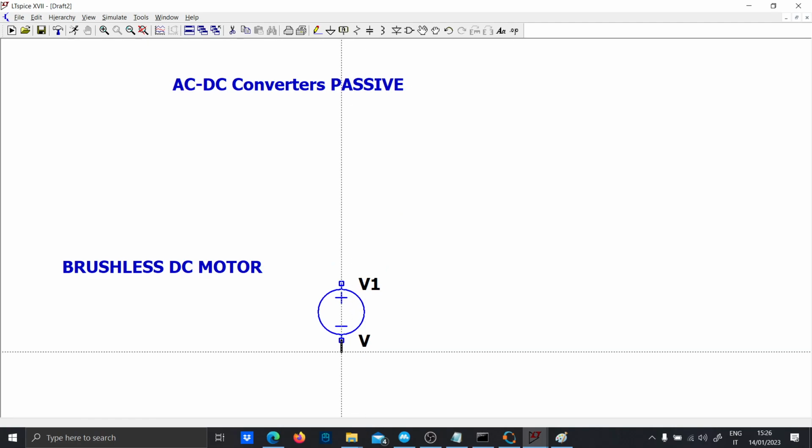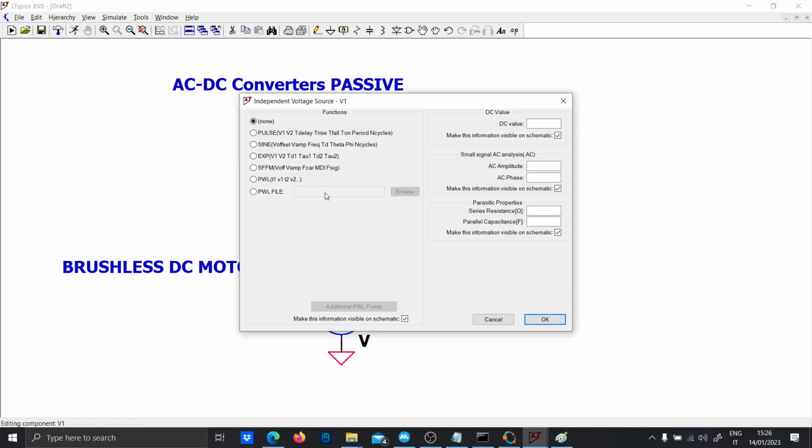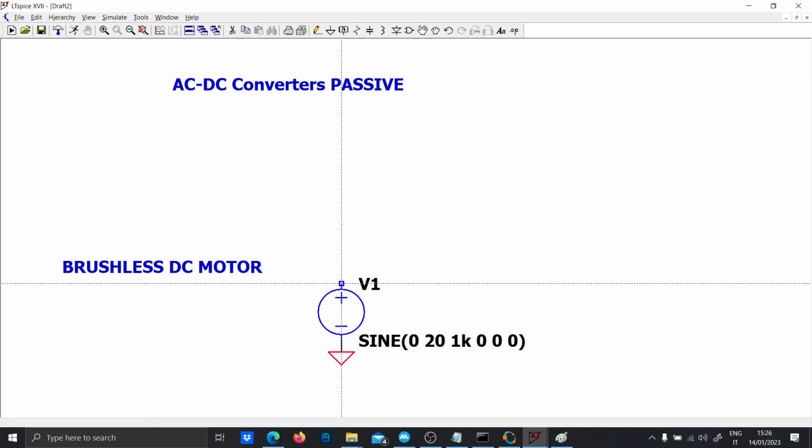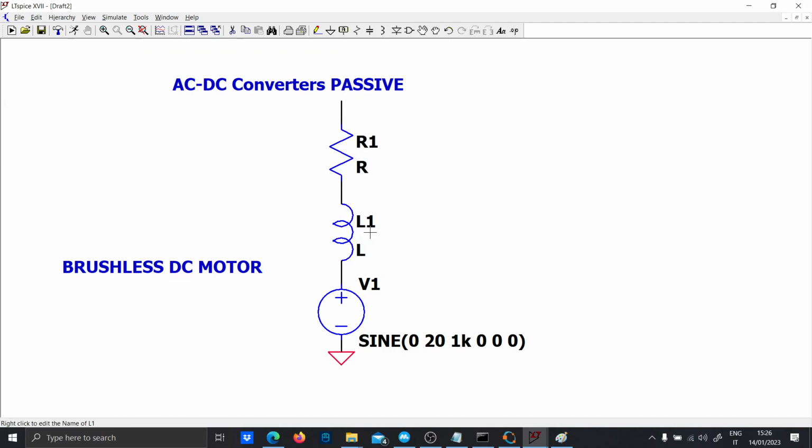So just put a sine wave with 1 kHz frequency. I don't care. It is of course even less. 20 volts and 0 as phase in degrees. Then, since this is a three-phase system, you need inductance and resistor.